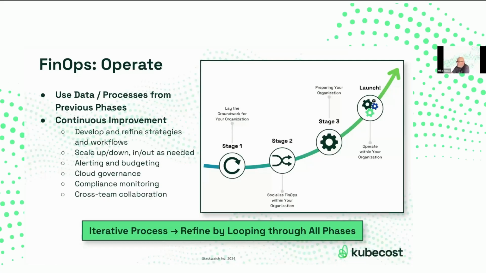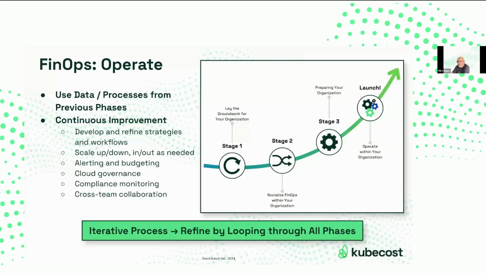So oftentimes as organizations start leveraging more and more cloud resources, they create a cloud center of excellence, which is a combined team of business, financial, and operational stakeholders. So you need everyone involved to make sure this process works and to make sure that you're getting the benefits out of this.